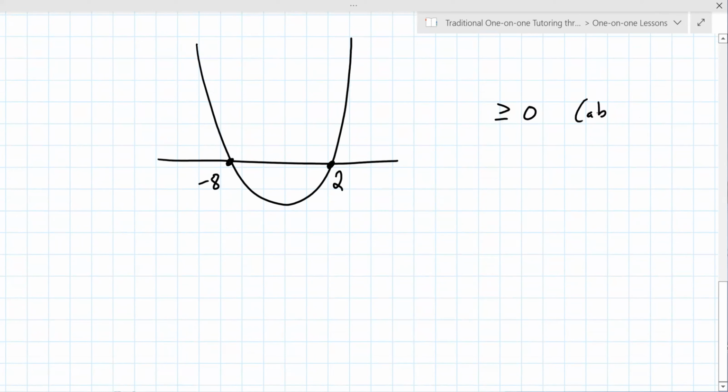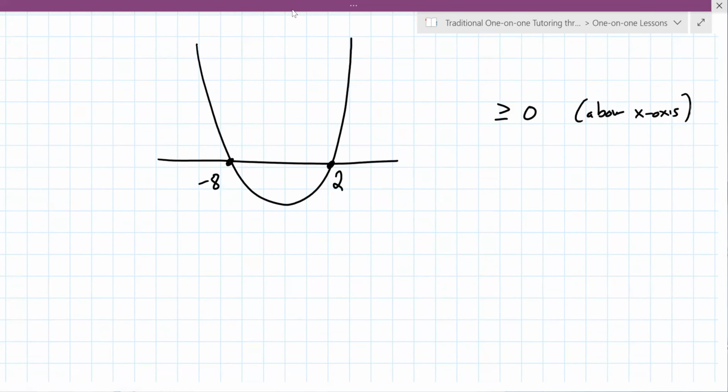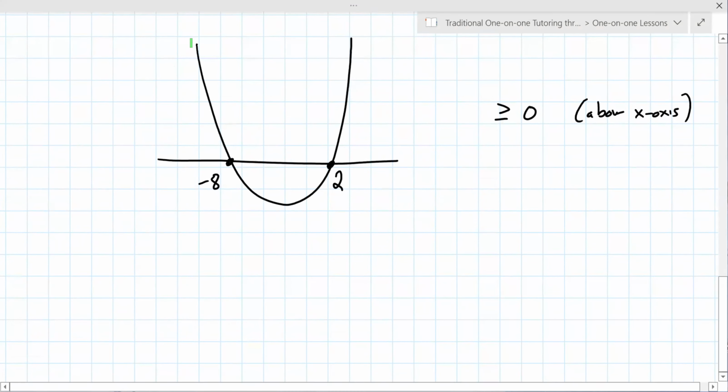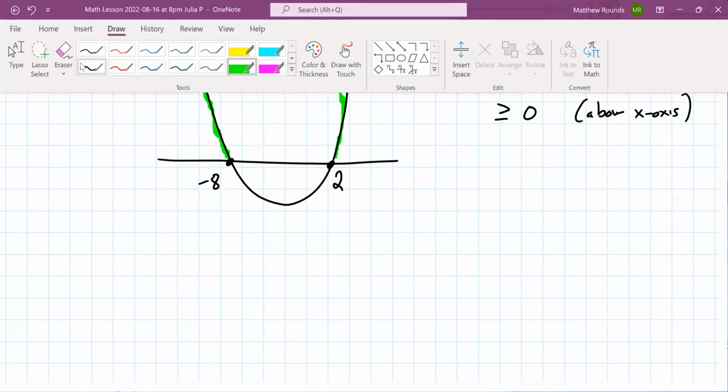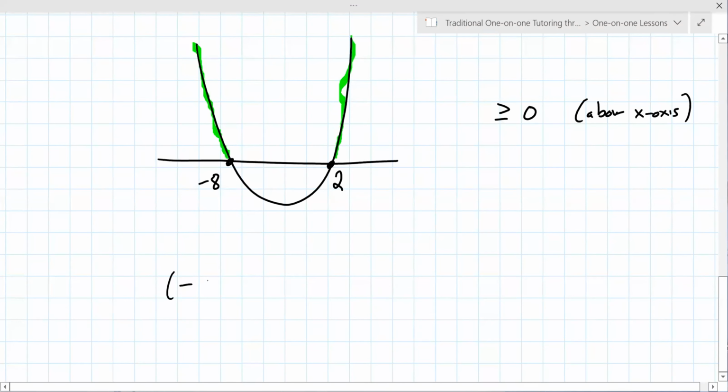That means it's above the x-axis, and you can see that occurs here in this green part. But it wants the x value. So it's all the x values up to -8, but it includes -8 because of that greater than or equal to. And then it also includes 2 all the way up to infinity because it's always above.